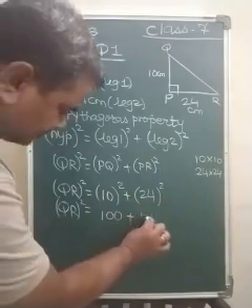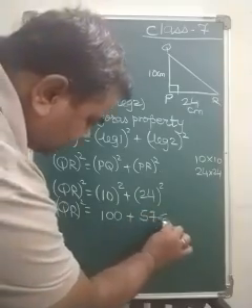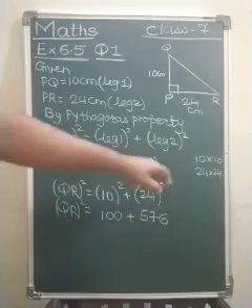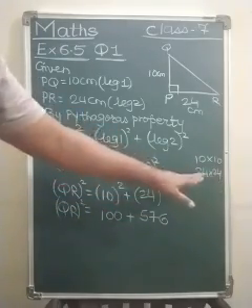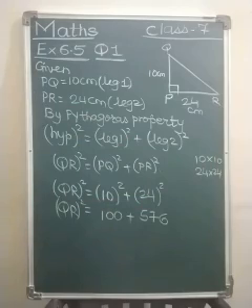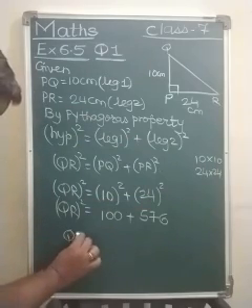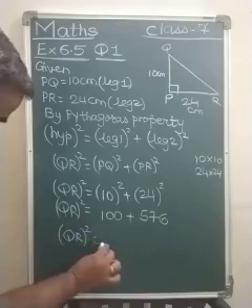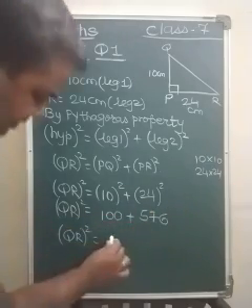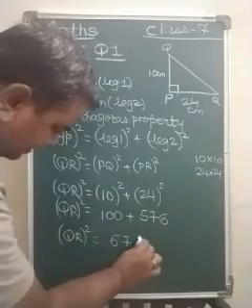The answer comes to 576. You have to actually multiply and see it. Therefore, QR square equals 100 plus 576, which is 676.